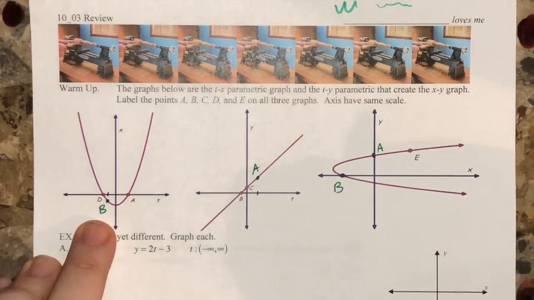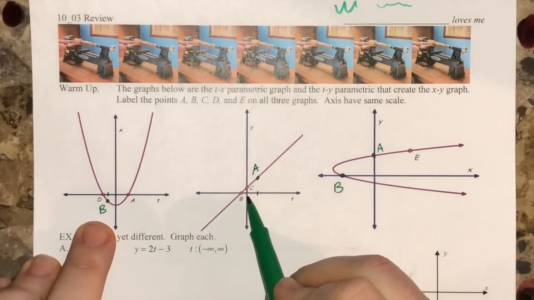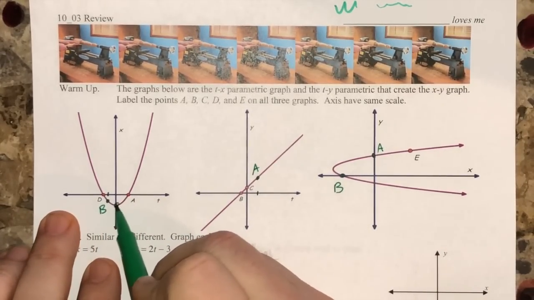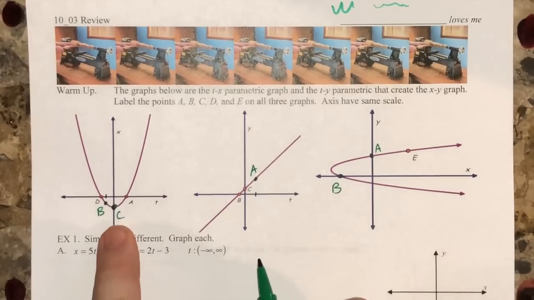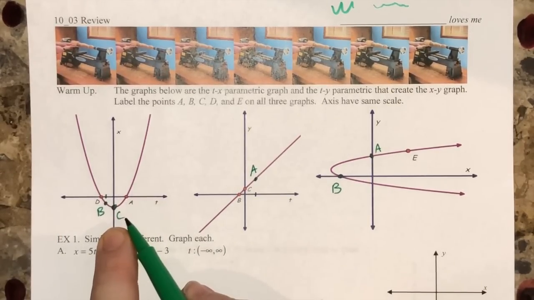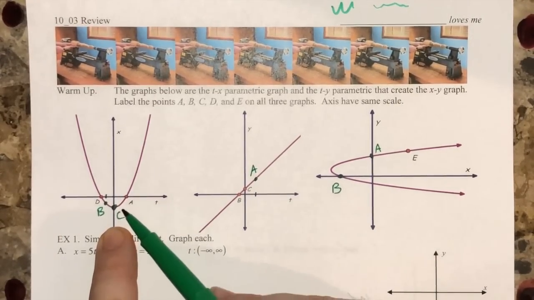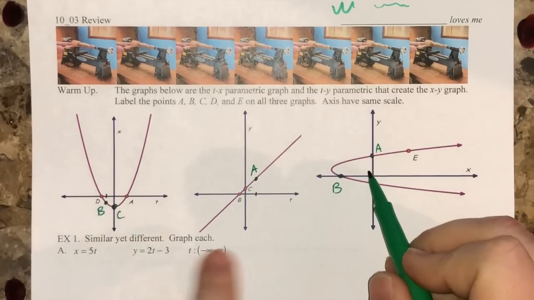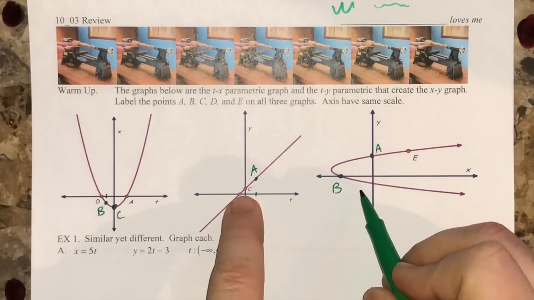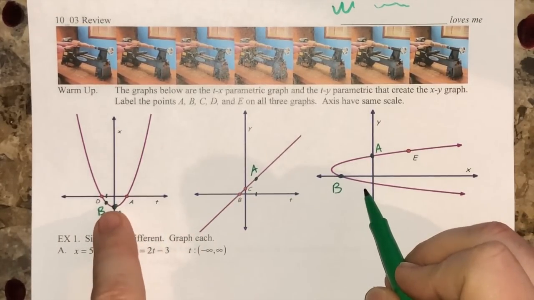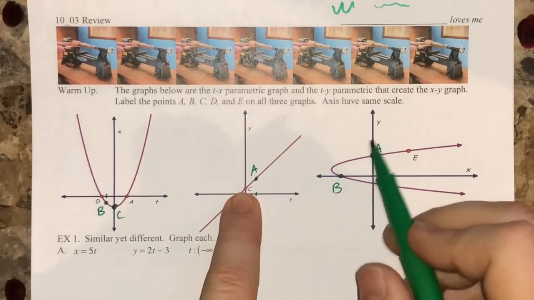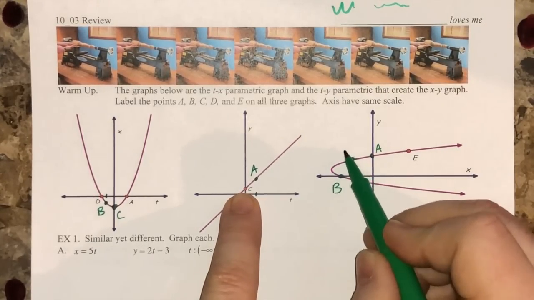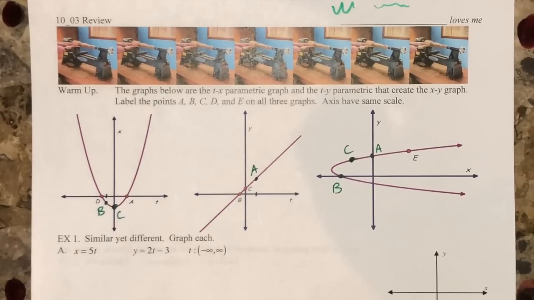So that's B. Point C has, that's when t is 0. So t is 0, this is point C. So t is 0, C here, so x is negative, and y is positive. So x is negative, y is positive. We don't really have an exact location, but let's put it somewhere around there.